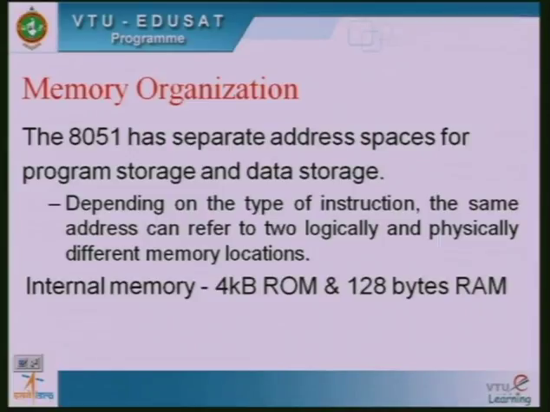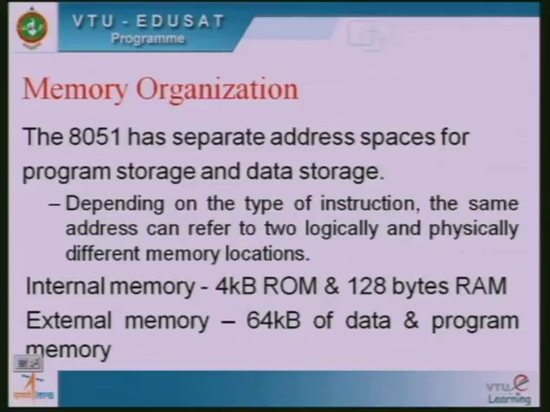I hope all of you remember what is ROM. ROM is read-only memory where you can only write into it once and usually it is stored permanently, not erasable. Today we have erasable ROMs, but ROM means permanent storage. RAM means random access memory. If you write once, the next data you write on top of it will be overwritten. The older one will get erased. So that is RAM.